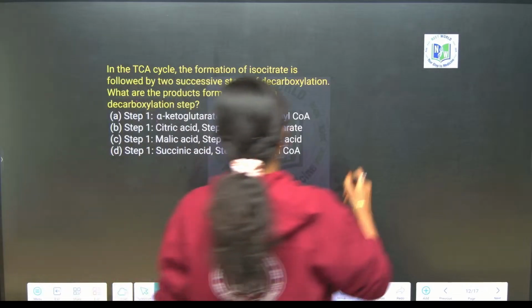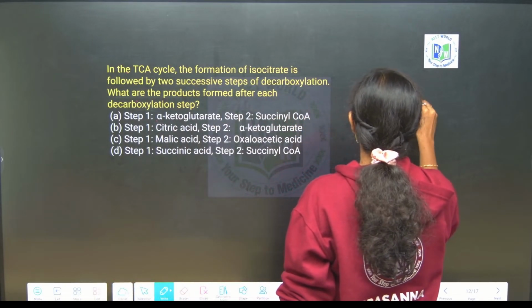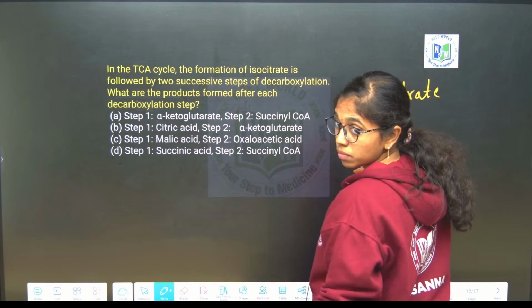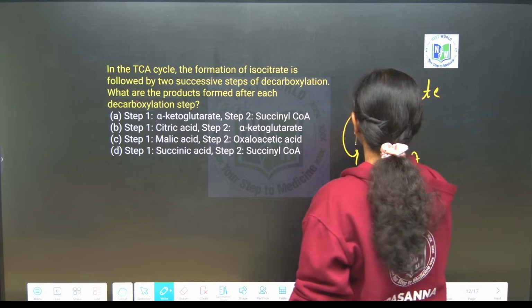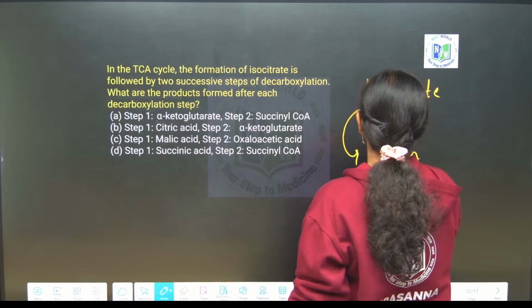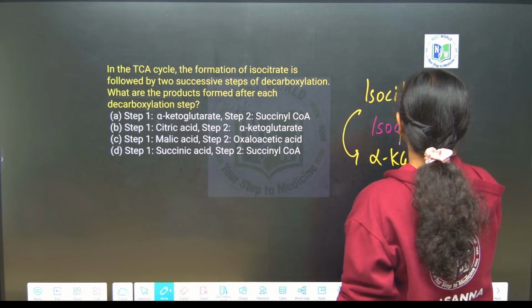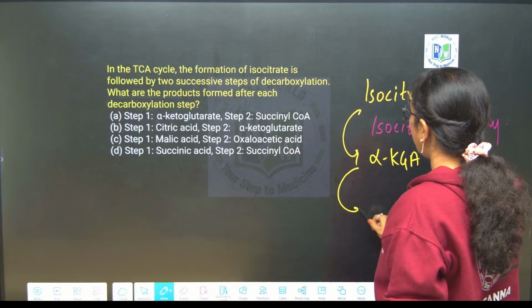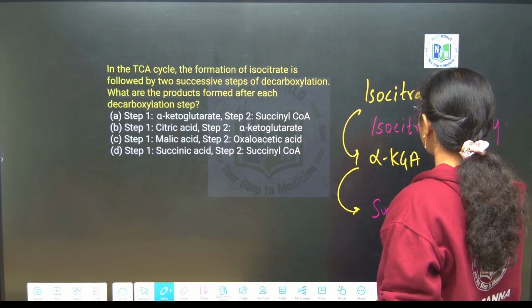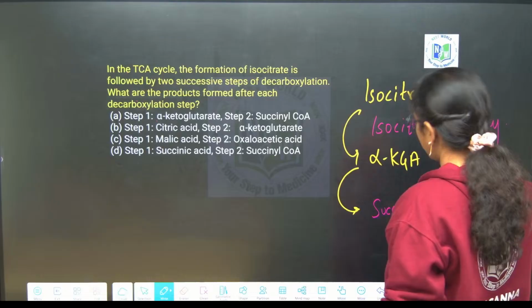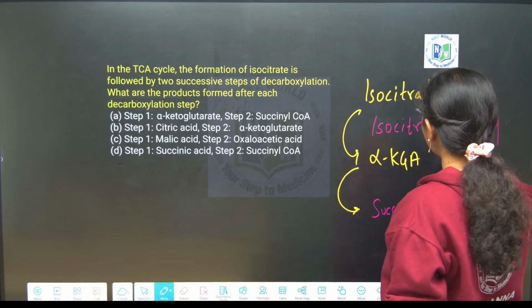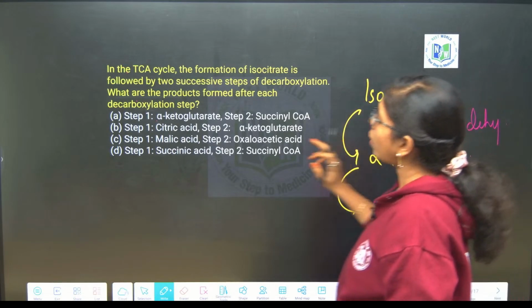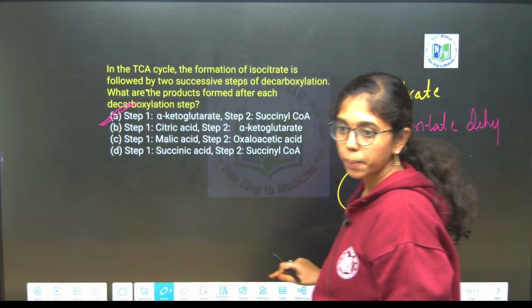Isocitrate to alpha ketoglutarate by the enzyme isocitrate dehydrogenase, then to succinyl CoA by alpha ketoglutarate dehydrogenase with the help of coenzyme A. Both places carbon dioxide will be released and 2 NADH will be released. So, the right answer is option A.